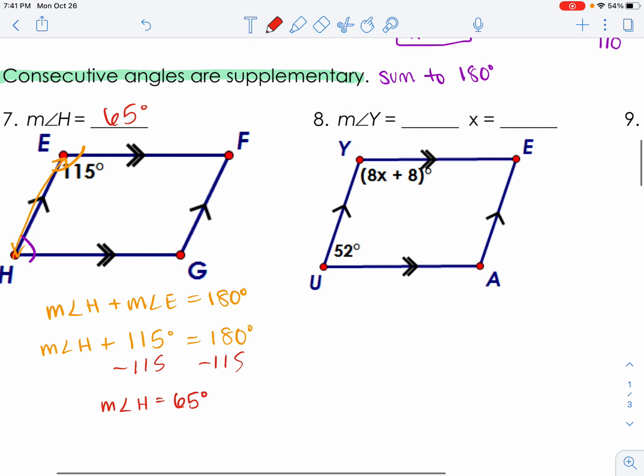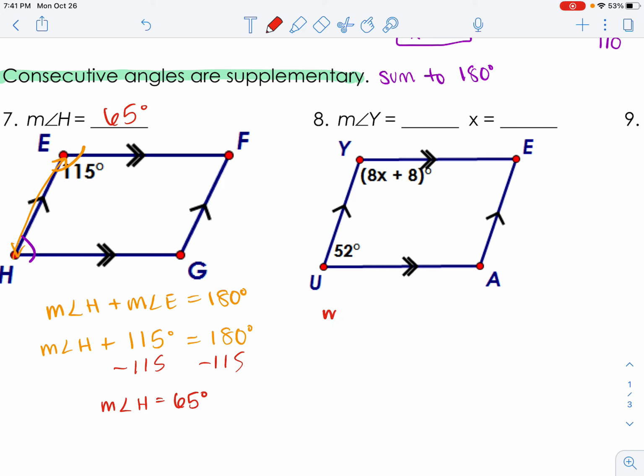All right, in number 8, we are solving for the measure of angle Y. Now, in order to find the measure of angle Y, I need to solve for x first. So let's do that. We know that consecutive angles are supplementary.